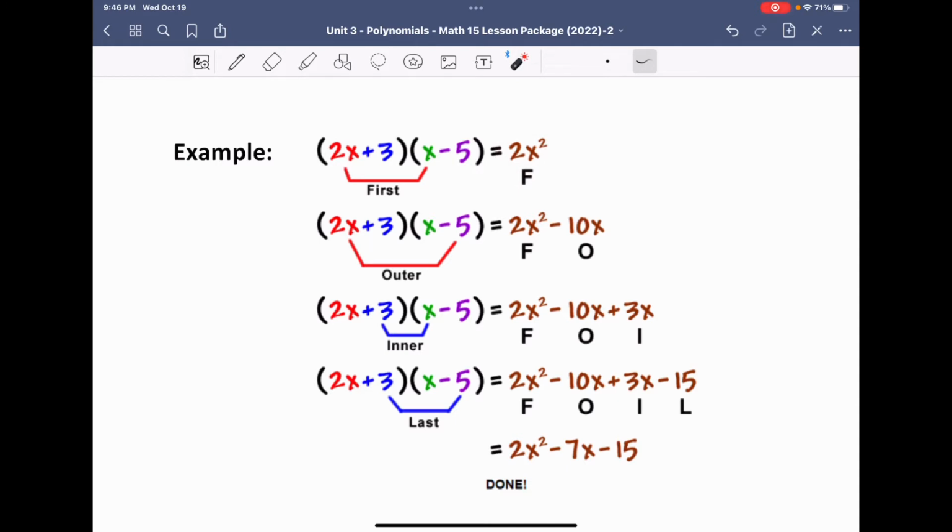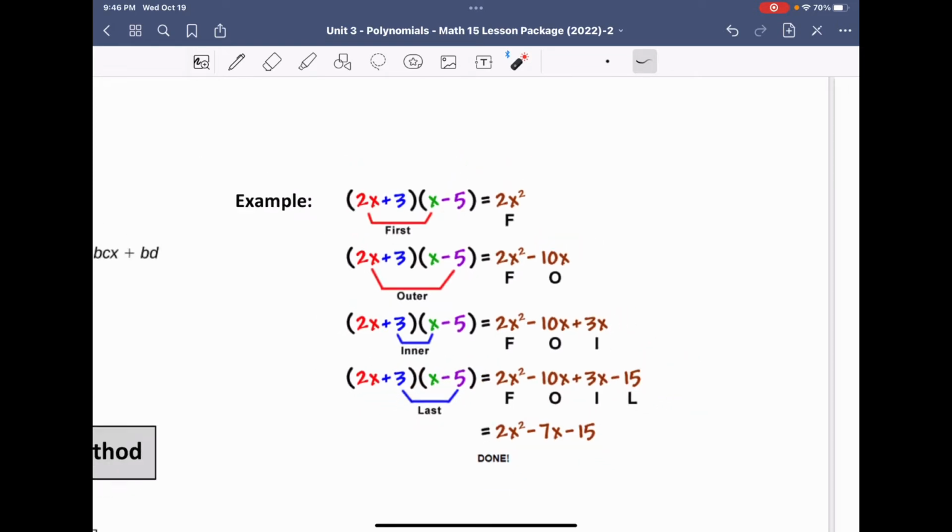If I multiply my first and my outside, or the outer terms, that's going to give me a 2x times a negative 5, that's negative 10x. Then now if I go to the inner, or the I component, 3 times x will give me positive 3x. And then finally, my last, or the L, 3 times a negative 5 is negative 15.